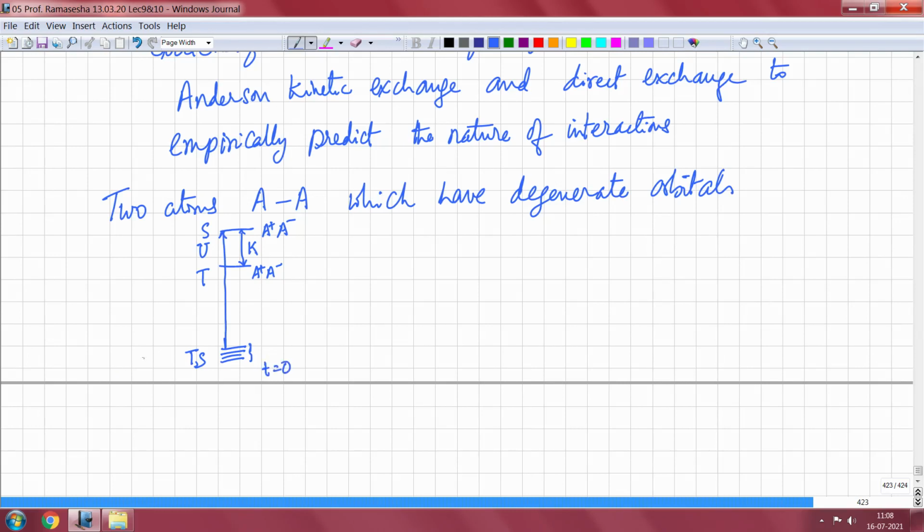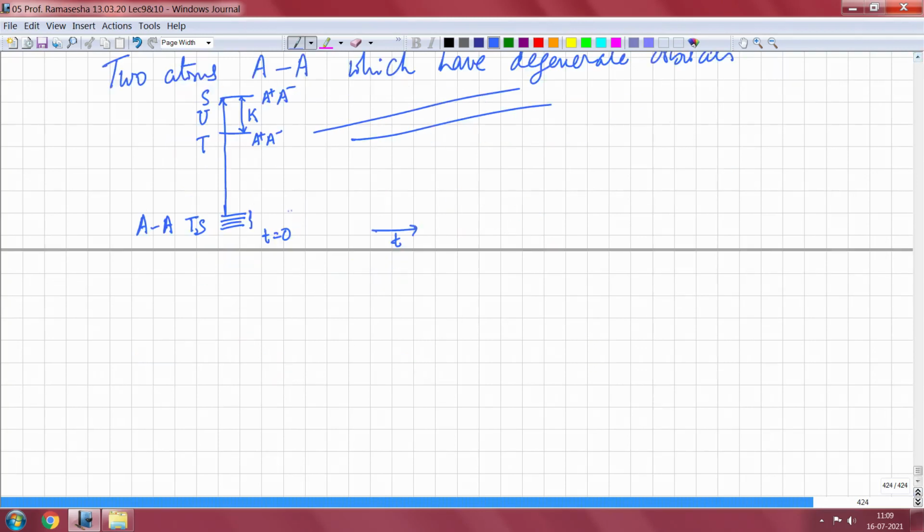When t is equal to 0, you have a neutral configuration, and when you hop an electron from one side to the other, because the orbitals are degenerate, you can have a plus a minus which is a triplet, or you can have a plus a minus which is a singlet. And the triplet will have a lower energy than the singlet by an amount K, which is the direct exchange integral. Now if you turn on t, then what happens is the following: these states will go up and these states will come down.